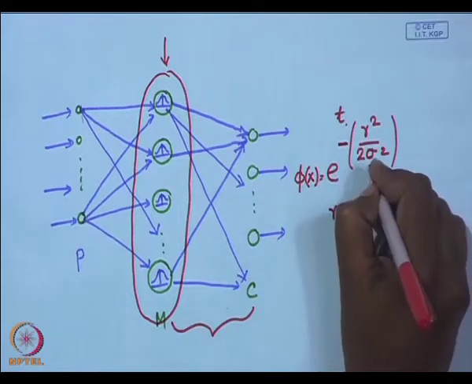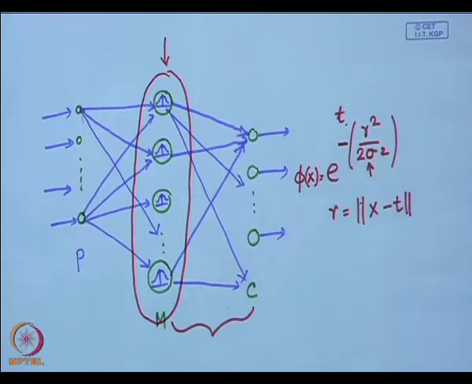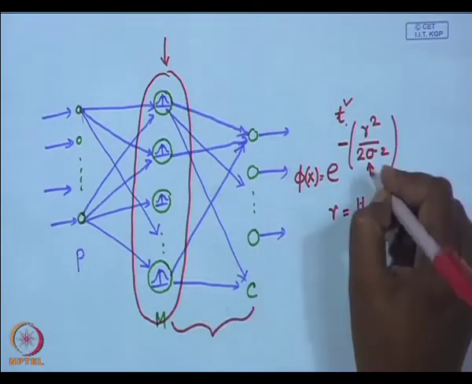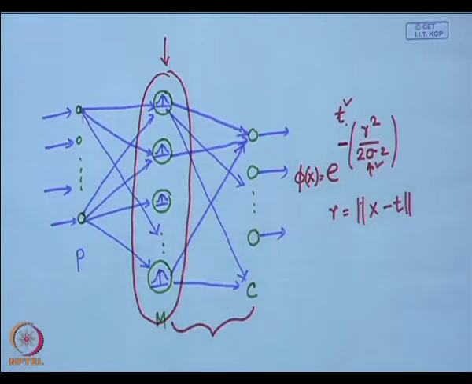This sigma indicates the spread of the radial basis function, so that is also to be trained. So, by saying that I want to train the hidden layer nodes, for each node I have to find out what t is, and for each node I have to find out what sigma is. That is what is meant by training of the hidden layer nodes.